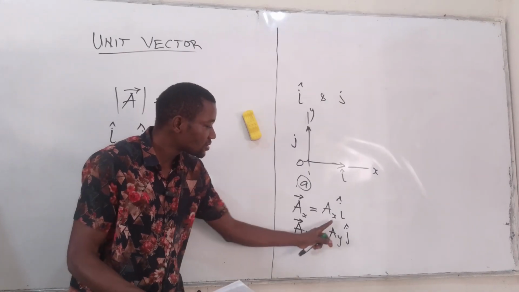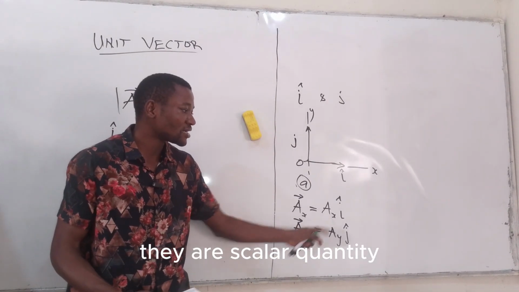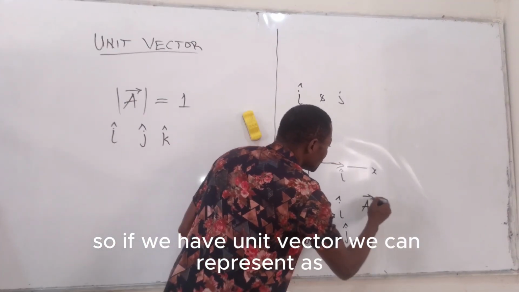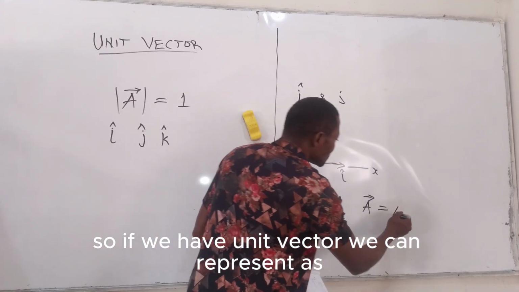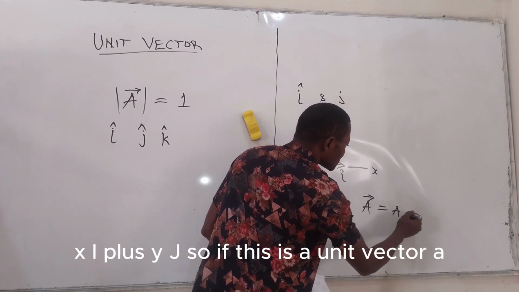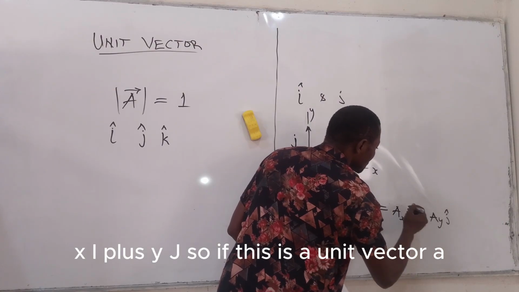The ax and ay are scalar quantities. So we can represent it as xi plus yj.